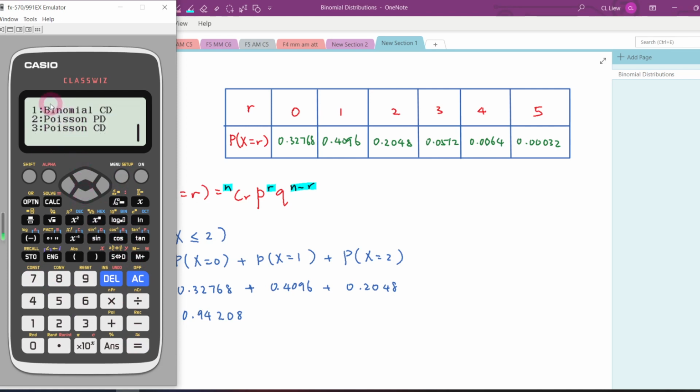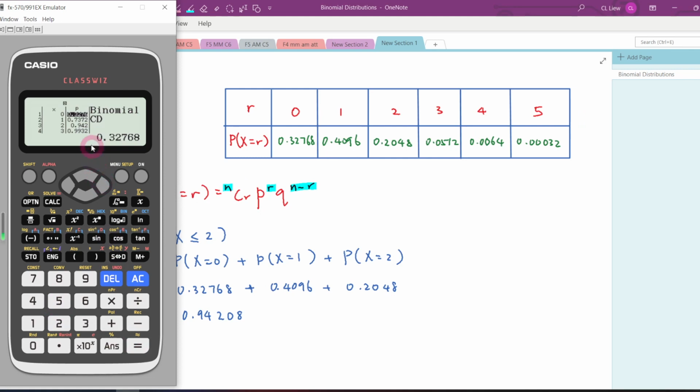Then go for binomial cumulative distribution list. 0, 1, 2, 3, 4, and 5. Press equal again. Number of trials 5, and the probability of success is 0.2.